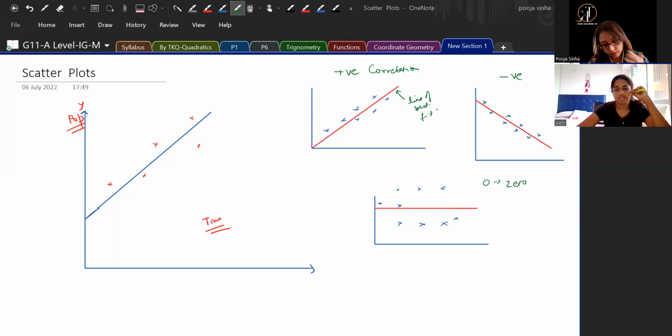Did you get this question? It's a basket question. Yeah, I got it. There's one more question. After this, in the next class we will move on. The representation of data is done.